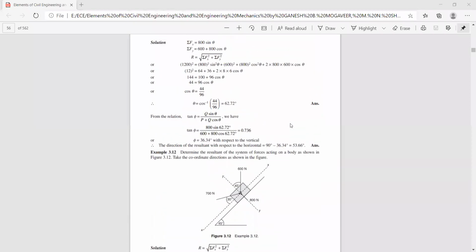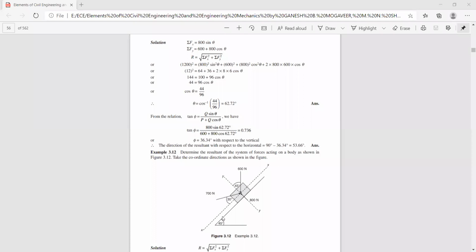So here a body of weight 600 Newton is resting on an inclined plane. You can see here, this is an inclined plane. This inclined plane is making an angle 45 degree with respect to the horizontal axis.